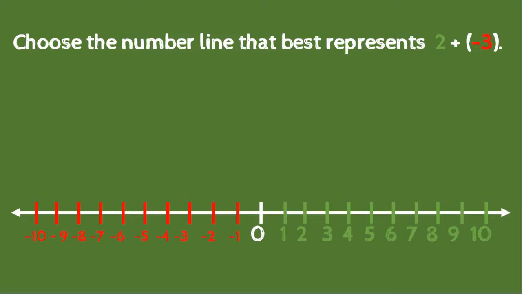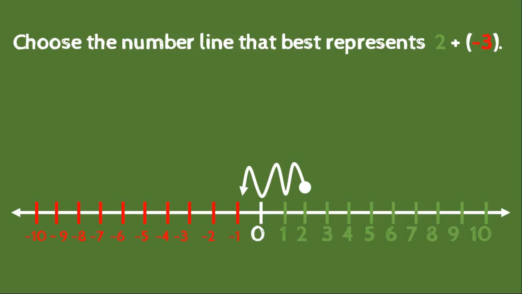To represent 2 plus parentheses negative 3, we start from the number 2. From that 2, we need to figure out how we represent minus 3. Again, we have negative numbers on the left side. So from the number 2, we have to subtract 3, which we represent by moving to the left.